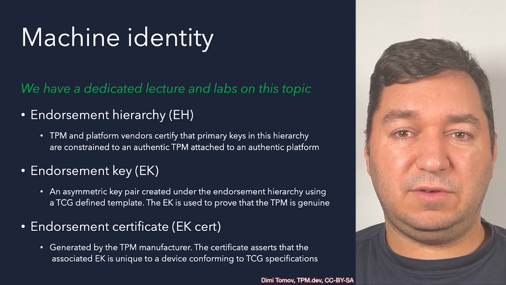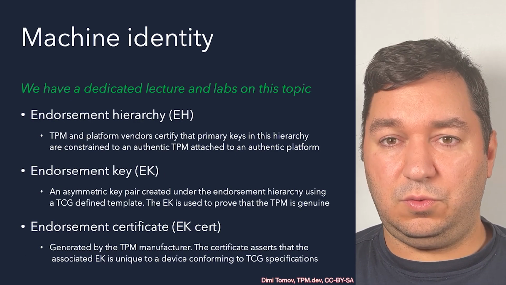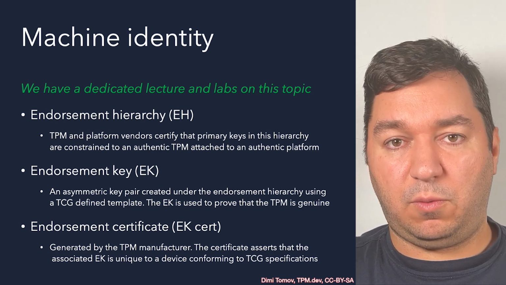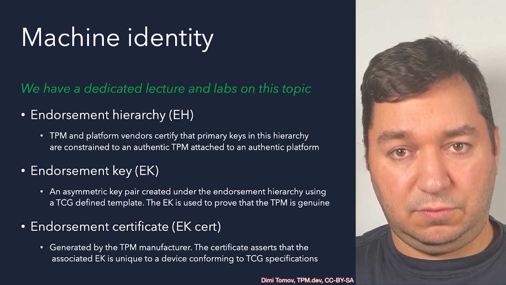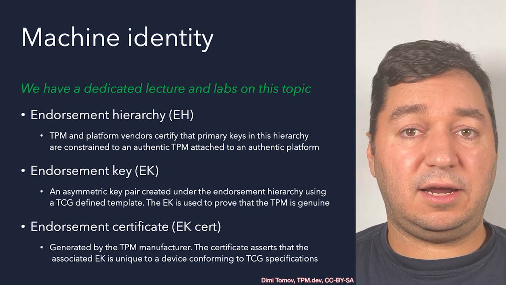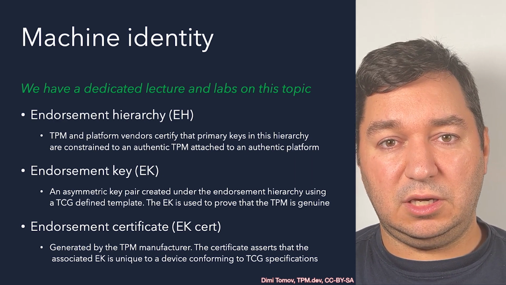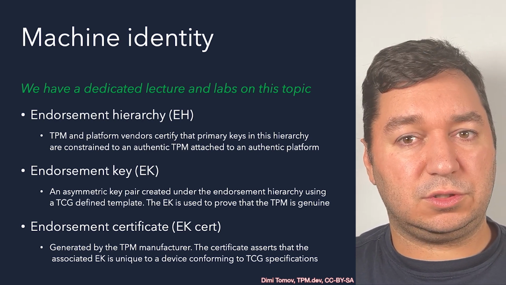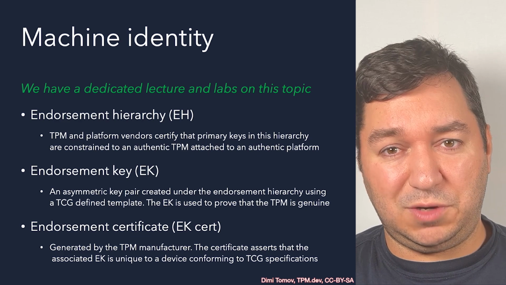I already gave a glimpse of why machine identity is so useful, but we need to tie it to the TPM properties. As you well know from the first course or from your prior knowledge, we have several hierarchies in the TPM. We have the endorsement hierarchy, which we haven't spoken a lot about in the first course on purpose. Now is when we cover it.